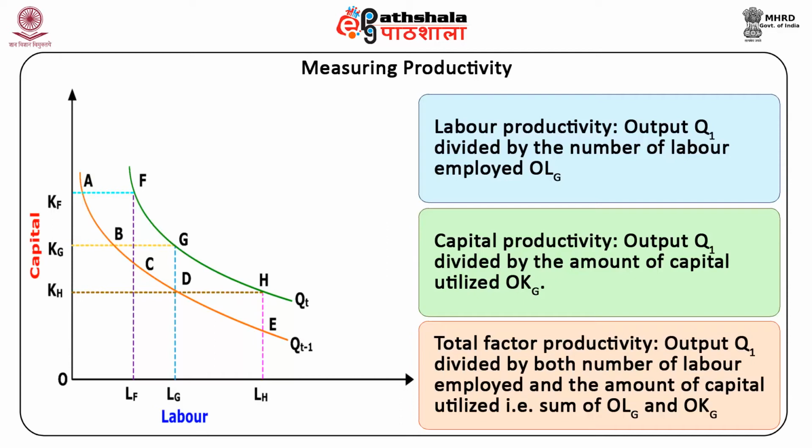As we move from G to A, representing a more capital intensive production, the capital productivity decreases and labor productivity increases. Moving from G to E, representing a more labor intensive production, the labor productivity decreases and capital productivity increases. Thus, single factor measures of productivity have to be used with greater caution.